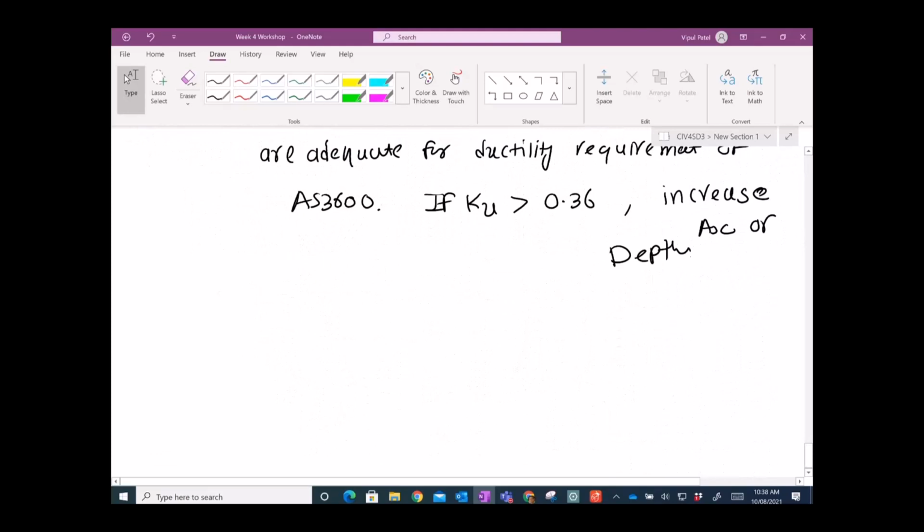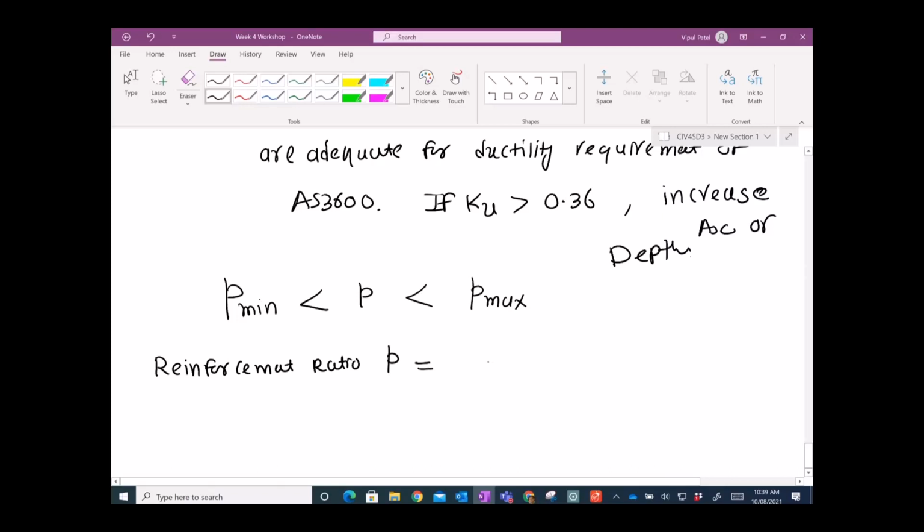Now the second check we're going to make is that rho minimum is less than our actual rho, which is less than rho maximum. So those are the checks we're going to make. Okay, let's calculate those one by one. So let's say reinforcement ratio rho equal to your AST take away ASC over BD.